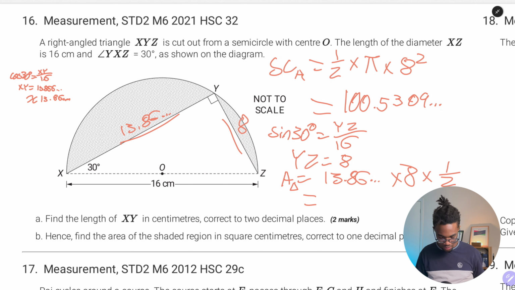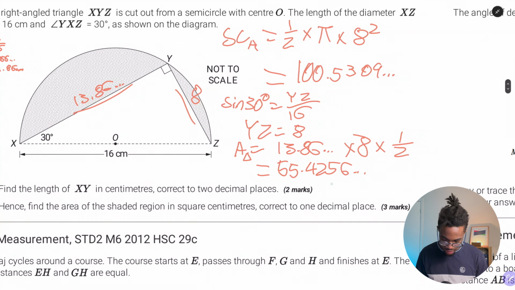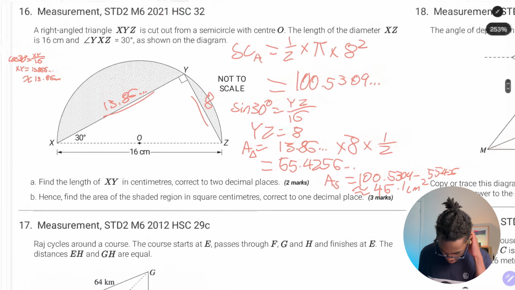That equals 55.4256... And then the area of the shaded region is equal to 100.5309 minus 55.426, which is approximately equal to 45.1 centimeters squared. Easy. Let's move on to the next one.